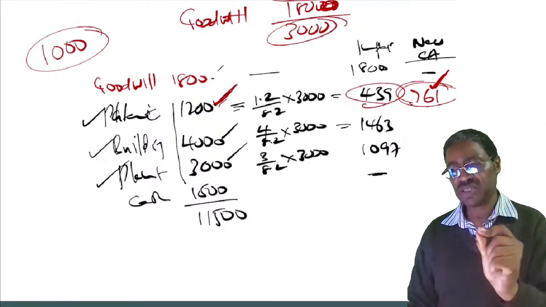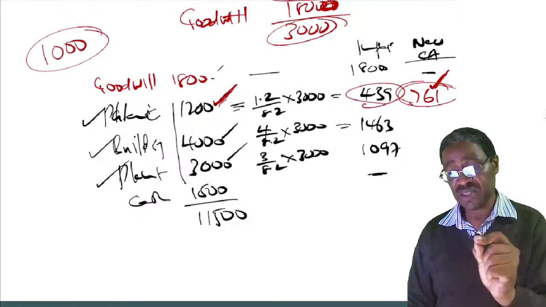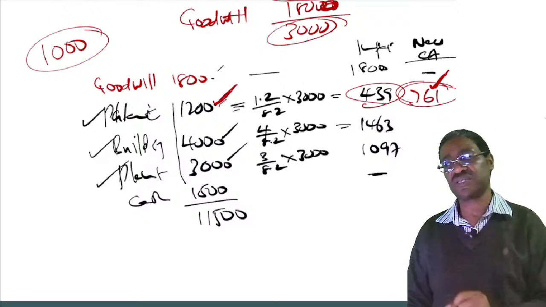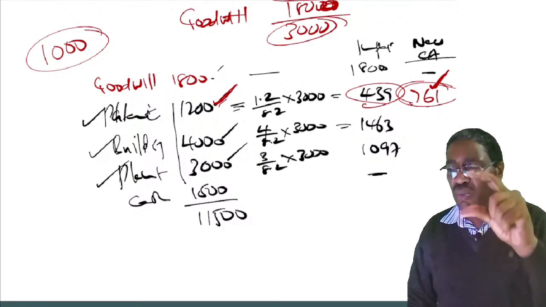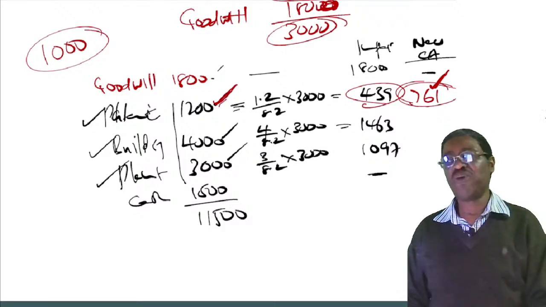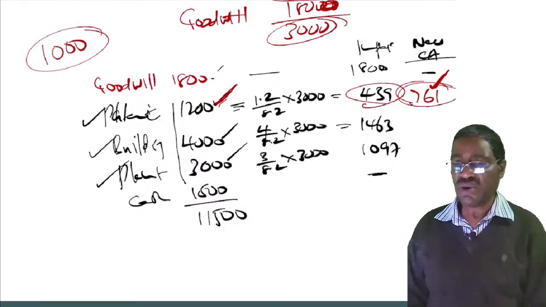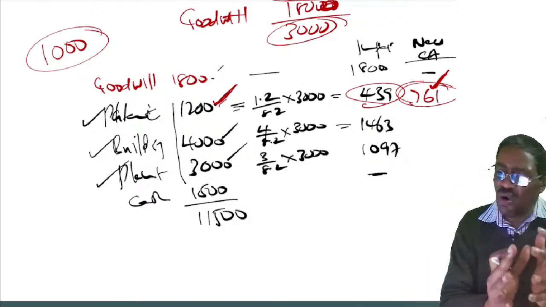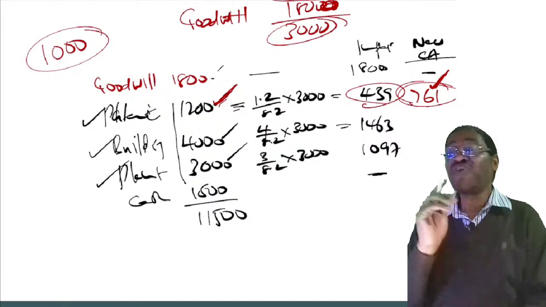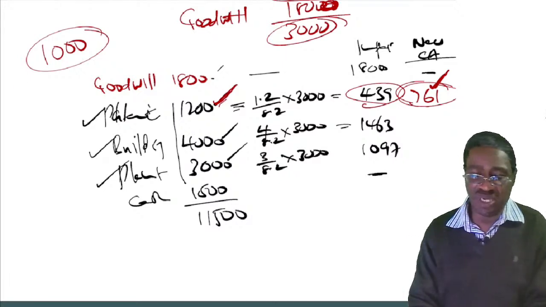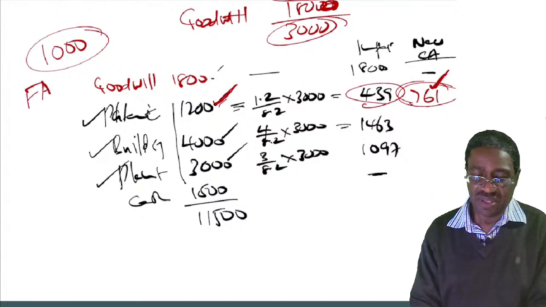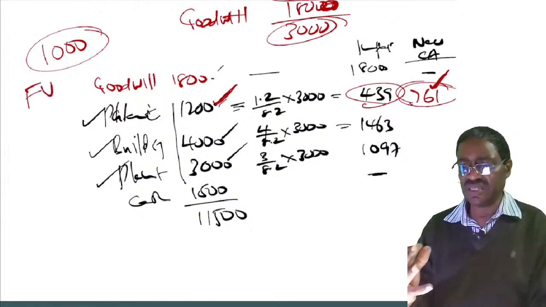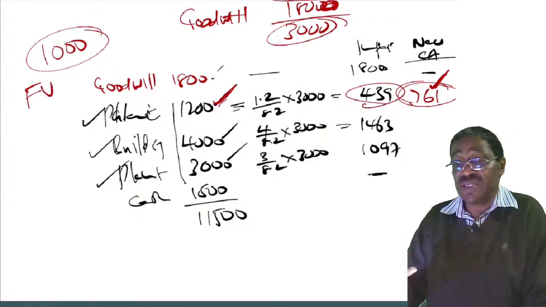But one of our assets here, specifically this patent, we can get a competitor to buy it and is offering us 1 million. Meaning that the market value or the fair value of our patent is 1 million.